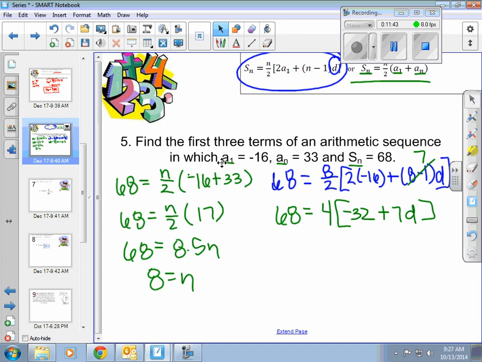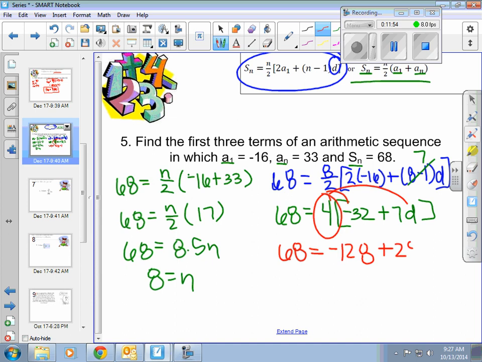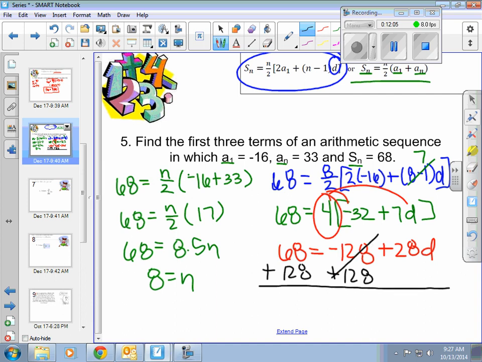Then I would distribute the 4. So I have 68 is equal to negative 128 plus 28d. I would add 128 to both sides. 68 plus 128 is 196 is equal to 28d. I would then divide by 28.